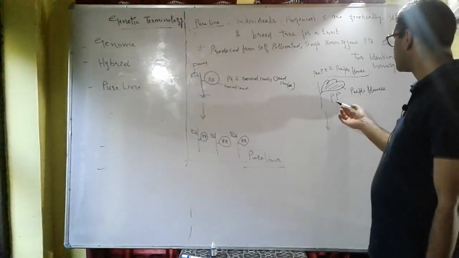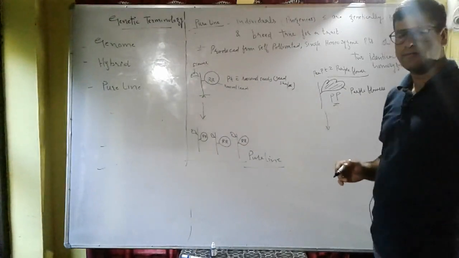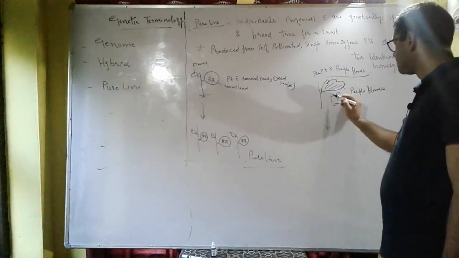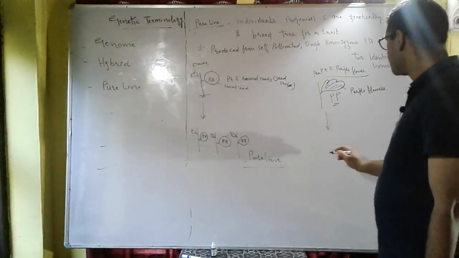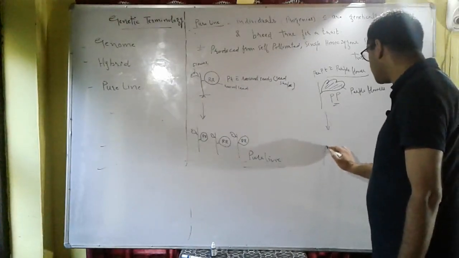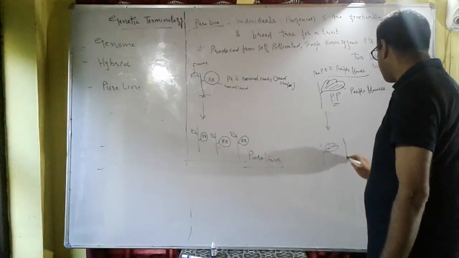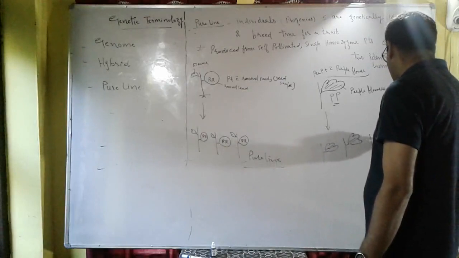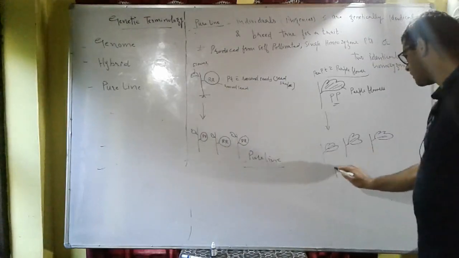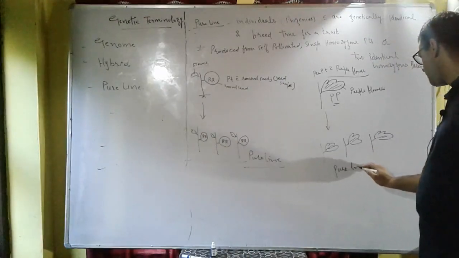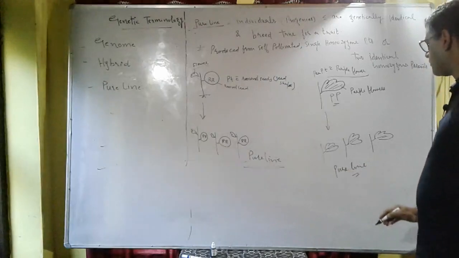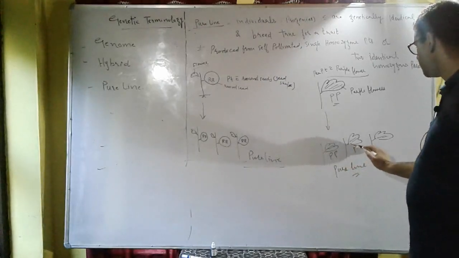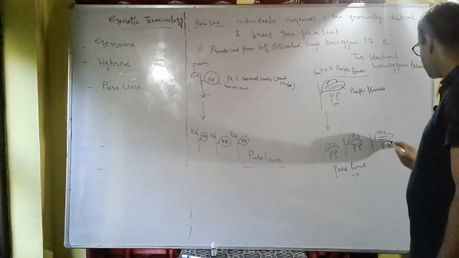This is a homozygous plant because both the alleles are similar or identical. We'll get the progeny, and that progeny would have purple flowers. So this is a pure line, and their genotype would be identical: capital P, capital P, capital P, capital P.